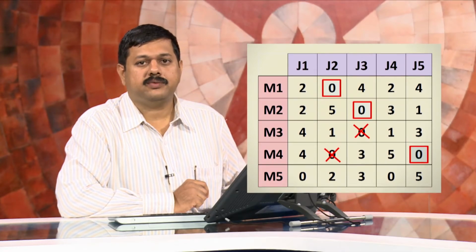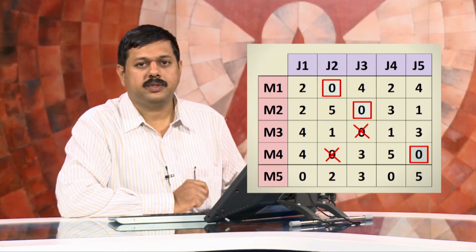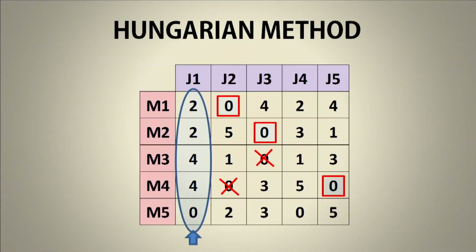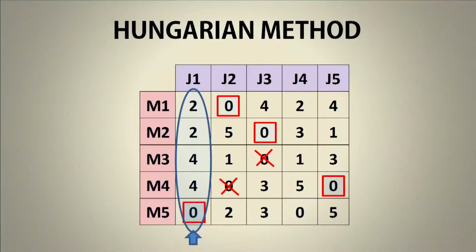Now, column 1 contains a single 0. Choose this column. Mark the 0 in this column. Now block the other 0 elements in the marked row. Now we find that all the 0 elements are covered.